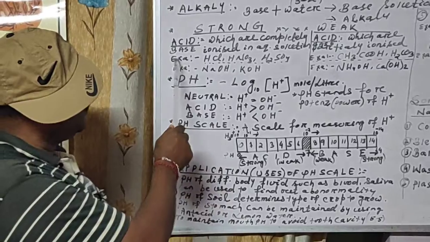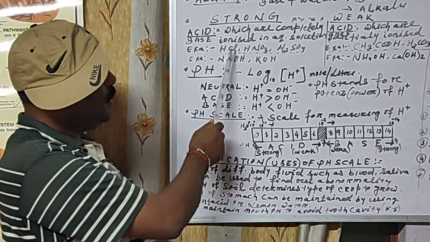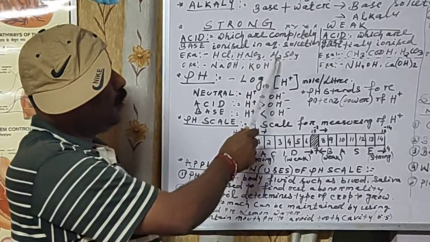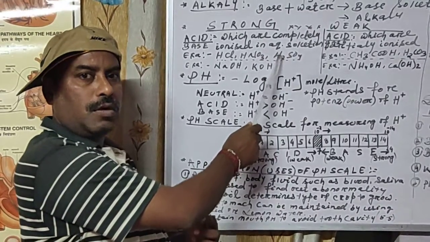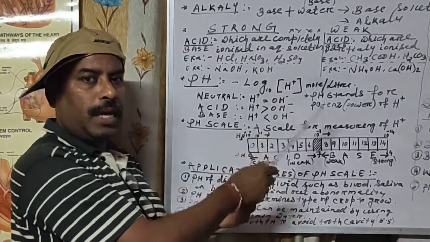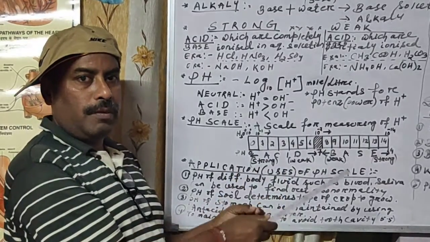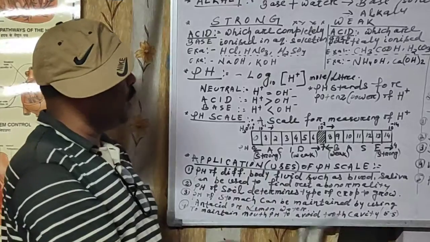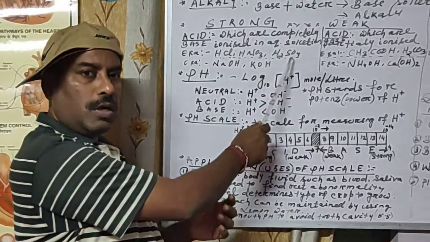For example, strong acids are hydrochloric acid HCl, nitric acid HNO3, and sulfuric acid H2SO4. They are strong acids because they are completely ionized in water. They give sufficient hydrogen and hydronium ion completely in the water. That's why they are called the strong acid.